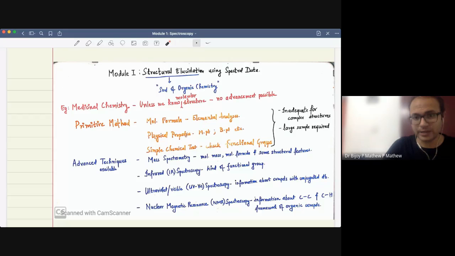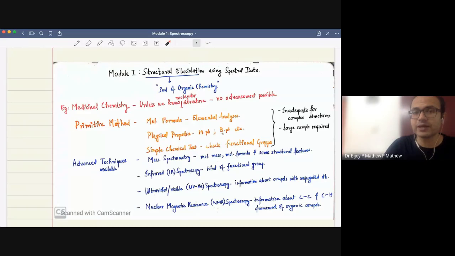The second stage after the determination of molecular formula is determination of the physical properties, those which we can determine using physical parameters, like melting point, boiling point, density.